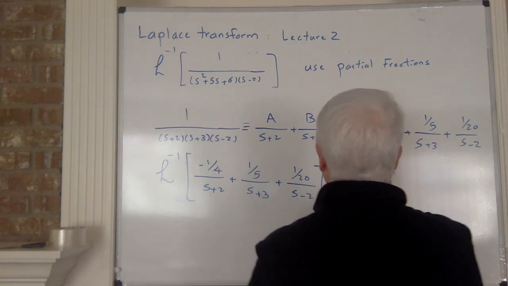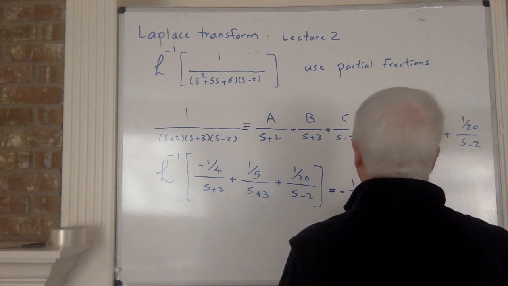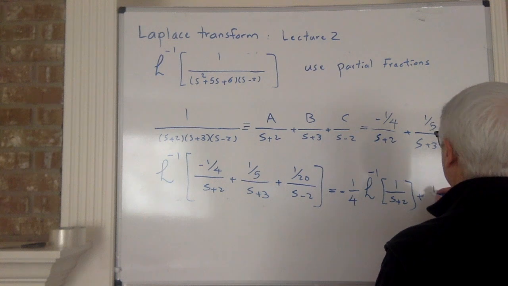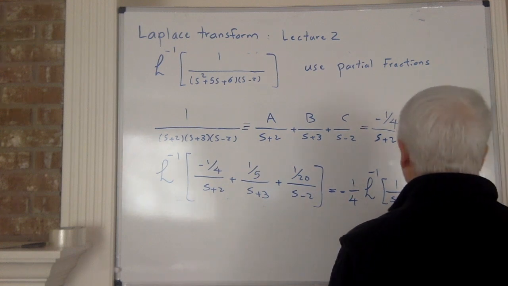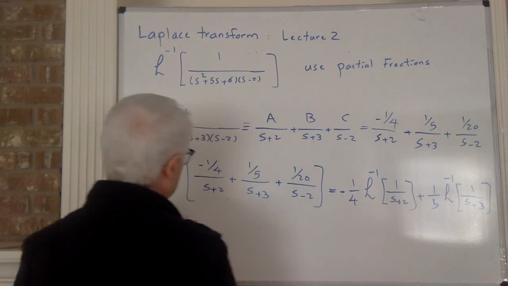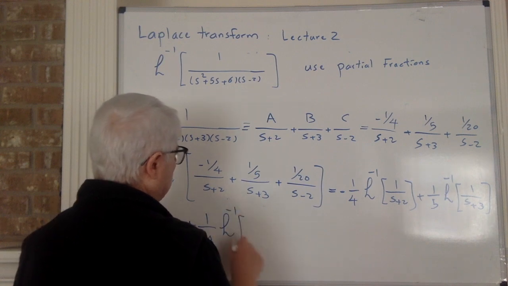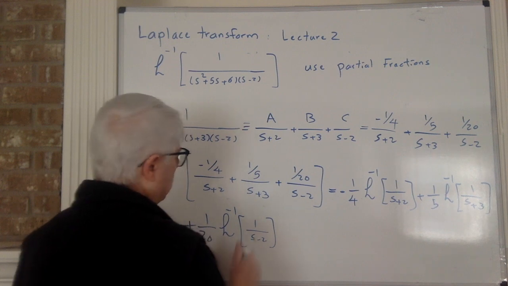So this is minus 1/4 L inverse of 1 over s plus 2, plus 1/5 L inverse of 1 over s plus 3, and plus 1 over 20 L inverse of 1 over s minus 2.